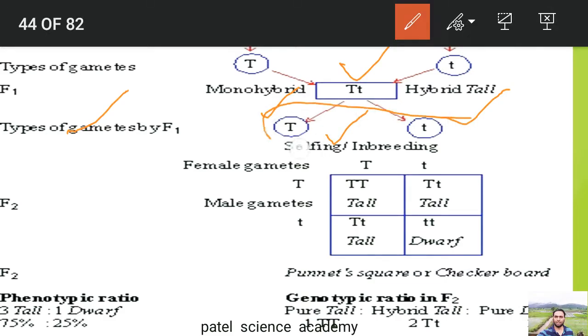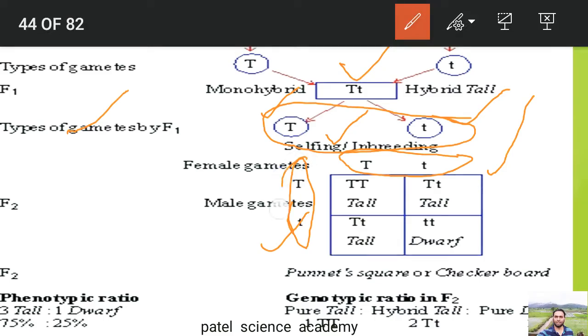If these two gametes go for selfing, this is male and this is female. These are female gametes and these are male gametes.